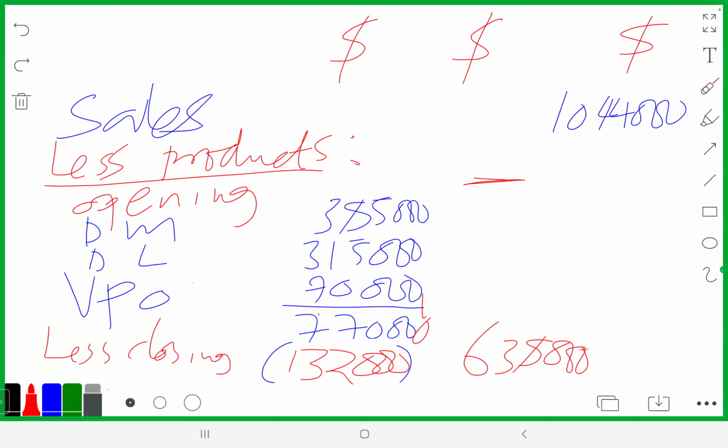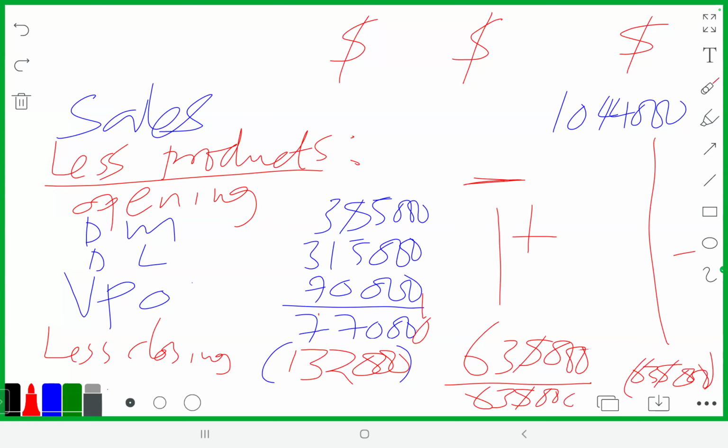Okay, 638,000. So now to the opening stock, it will still remain the same, 63. Last column, so that you can deduct it from the sale. Deduct this value from the sales. 406,000.